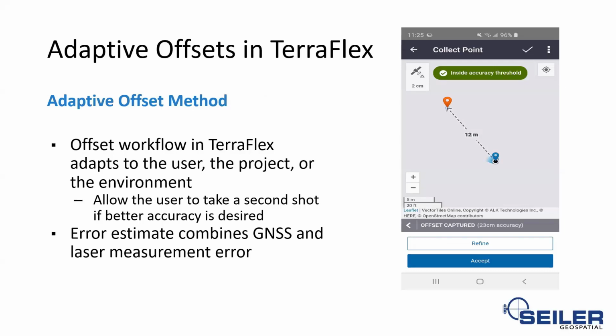The error combines both GNSS and the laser measurement. So what you're going to get down at the bottom in this case is that it's telling you you're at 23 centimeters of accuracy, and that's combined GPS and also the error within the laser. And again, Derek brought up a good slide showing you the differences between the 360 and the 200X. The 200X being more accurate, but the 200X does require you to do the two-step distance routine.